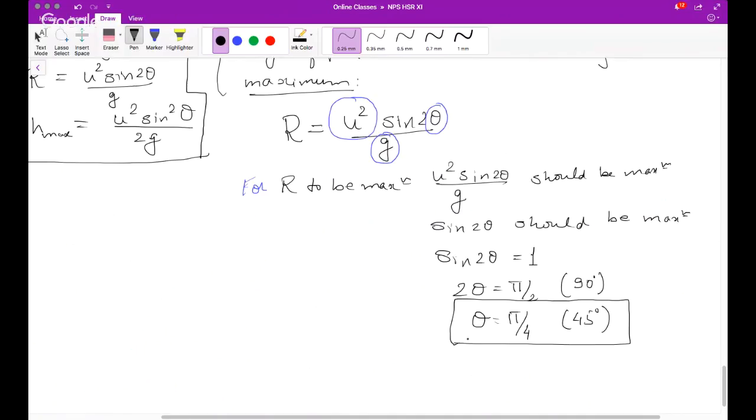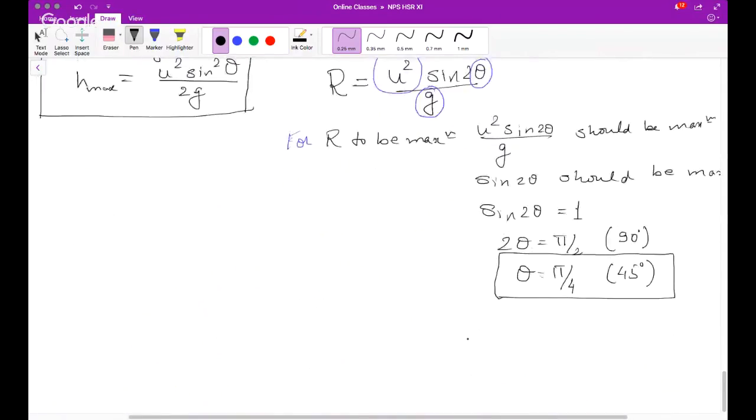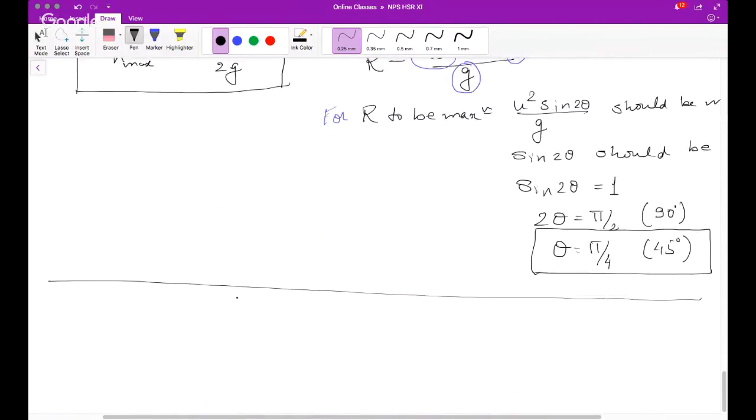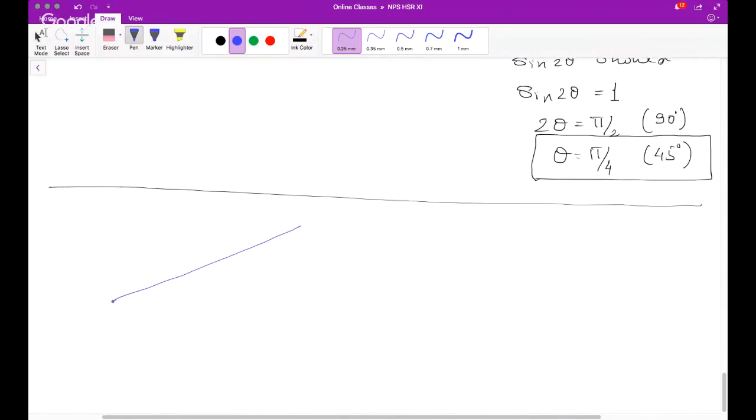Okay. Now let's quickly go to the projectile on an inclined plane. Let me cover that. Let's say you had an inclined plane. Let me draw a little bit more. So this is the inclined plane, and you launch and you have this motion.